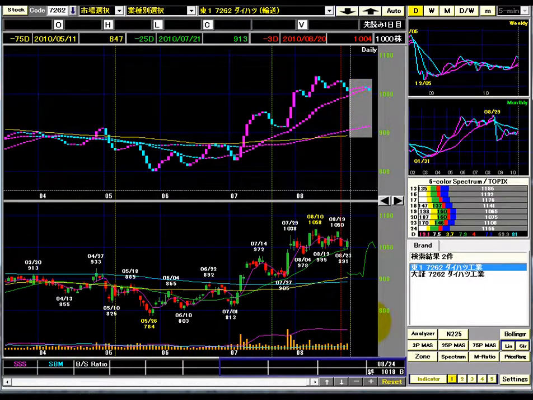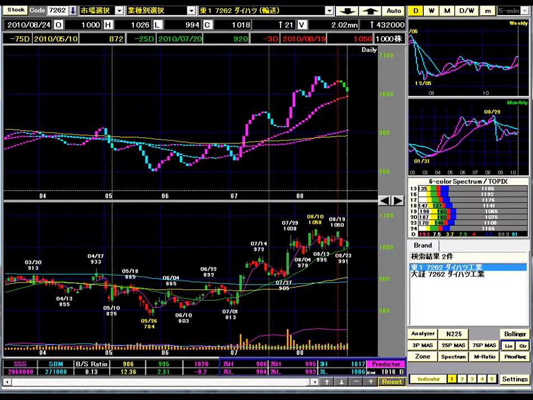One other point before we close off this lesson, I'll just reset this to bring it back to today. If you look at the closing share price 1018, this up arrow means up versus the previous day. So the share price closed up 21 yen from the previous day, yet today's Masuda Ashi real body is blue. That's perfectly fine.